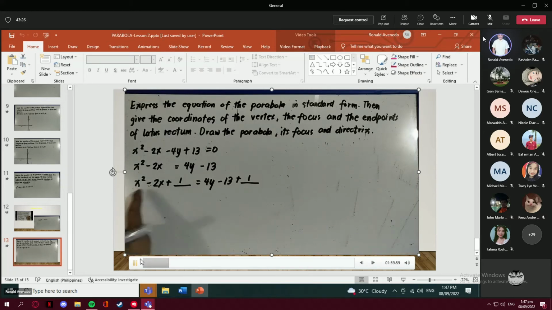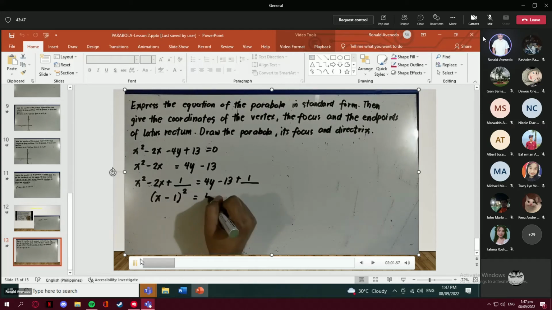Factor this out by getting the square root of the first and the last term. The square root of x squared is x, the square root of 1 is 1. The sign of the second term is negative, so negative. Then square.